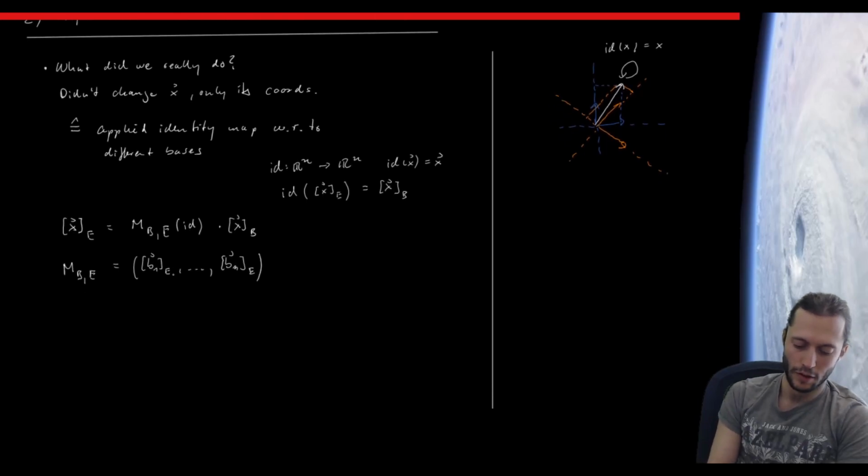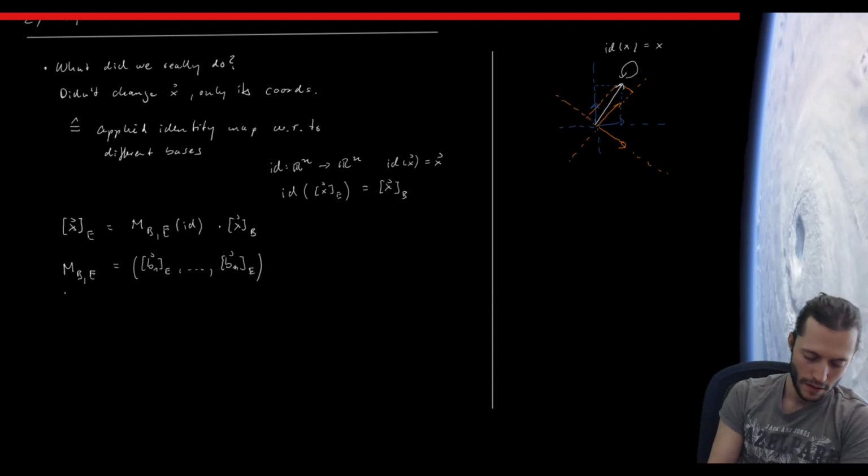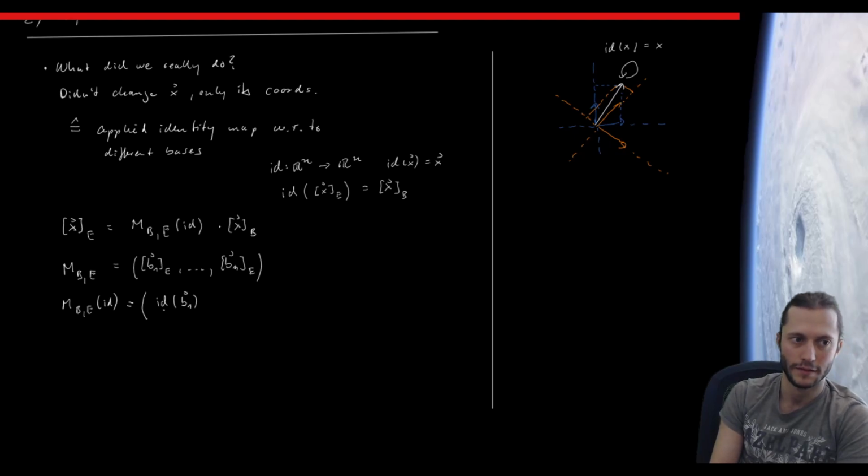If you remember, in the columns, the new basis vectors. But to be more precise, if we represent the identity, then there's something different here as well. There's actually the identity of b_1, so the mapped vector by the map identity, doing nothing, of course.